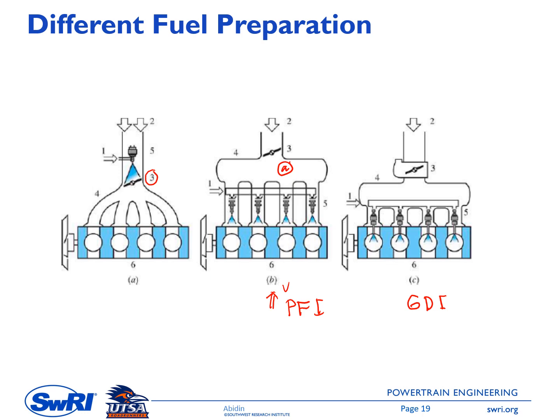A good thing about PFI and GDI compared to single point injection is responsiveness. Especially for GDI, because you inject the fuel directly inside the cylinder, you can change the load with a very short response.